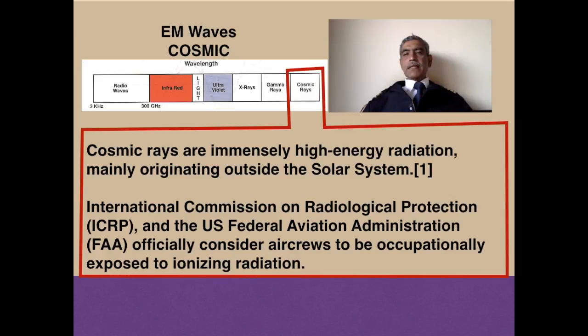Further to the right is the cosmic radiation. Cosmic rays are immensely high-energy radiation, mainly originating outside the solar system. Earlier I was under the wrong impression that as pilots we are subject to cosmic radiation and that it is harmful.